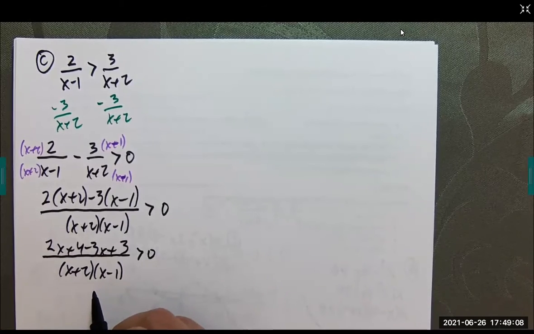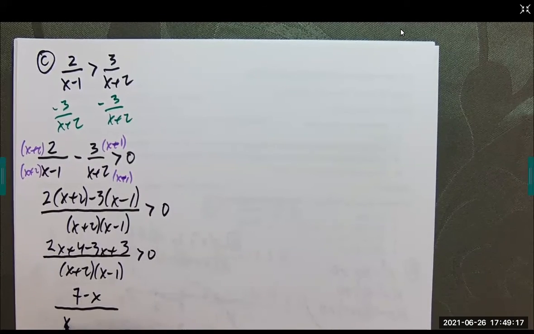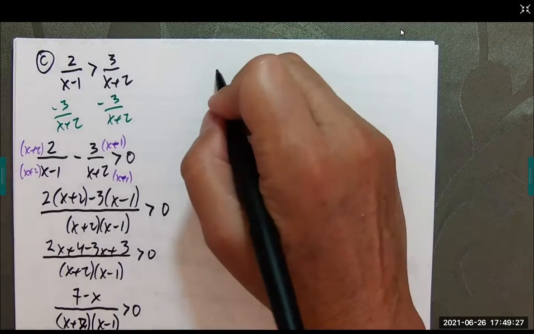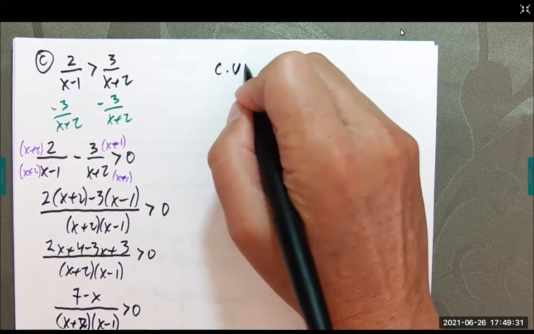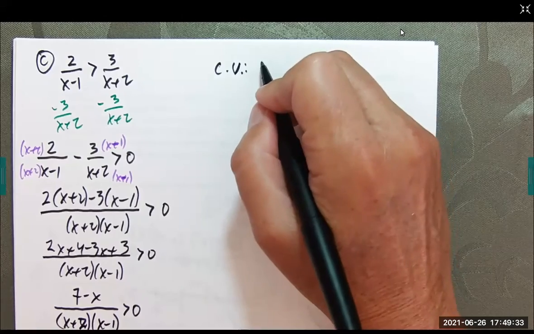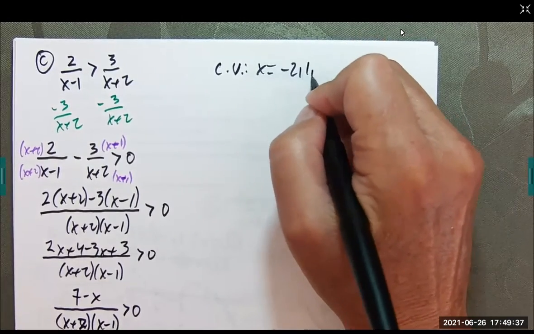So let's see, it looks like we're going to have 7 minus x. So it looks like our critical values are going to be x equals -2, 1, 7.